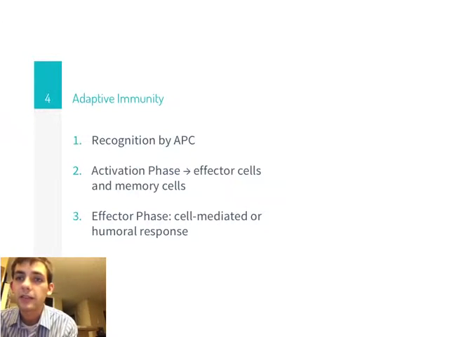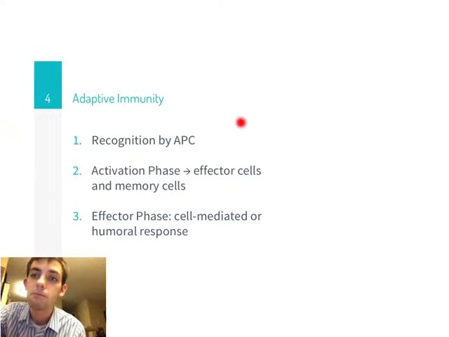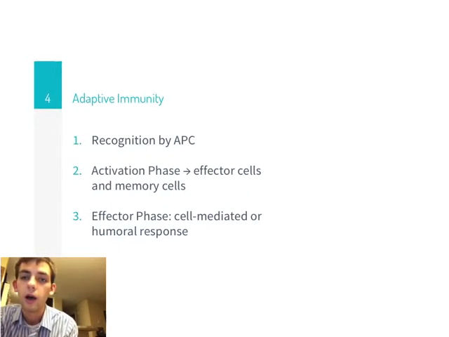The second part is the activation phase, and so this is when these cells, typically B lymphocytes and T lymphocytes, are going to produce clones that are going to become effector and memory cells. Effector cells are the cells that immediately go to destroy foreign bodies, and then memory cells are the ones that stick around, that allow an individual to respond much quicker the second time they're exposed to a pathogen.